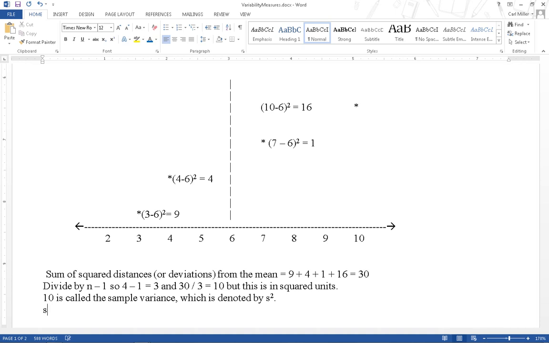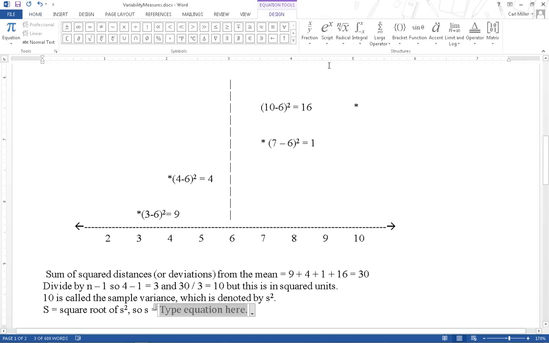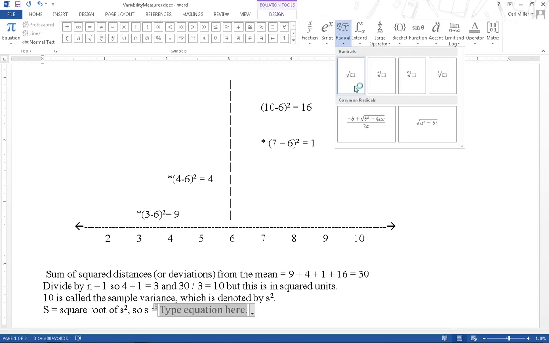So what we do is we just take the square root. Okay, so s equals the square root of s squared, right? So s equals, and I can put a square root symbol in just to make it clear here.